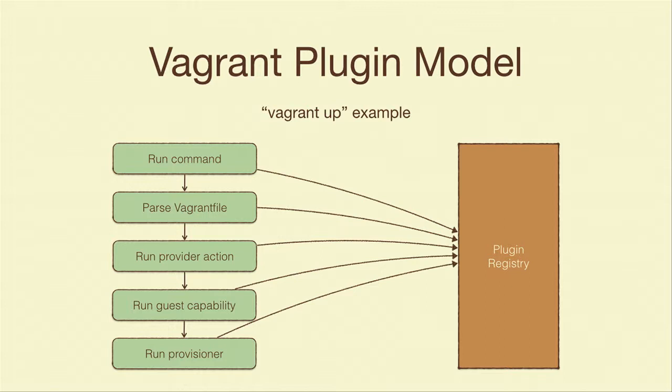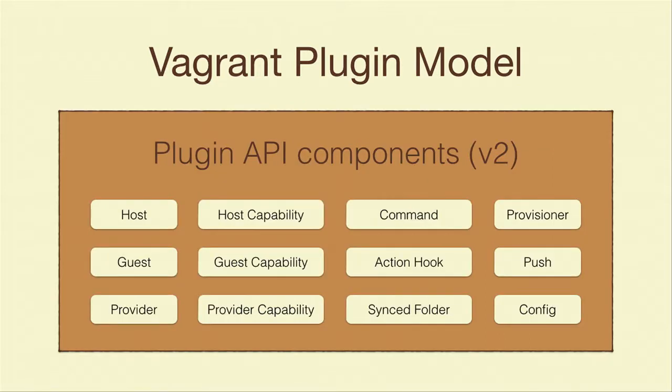So let's take a look at how the Vagrant plugin model is designed and what components are available in it. In the current version 2 of the Vagrant plugin API, there are 12 components available for you as potential plugin developers. You can use those components as building blocks to build your custom plugin.